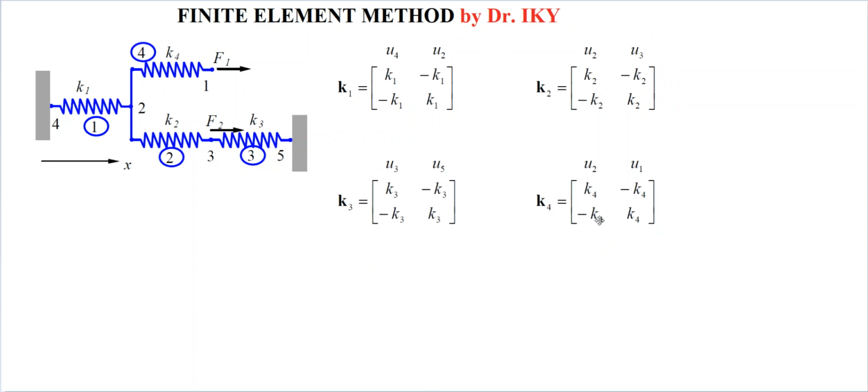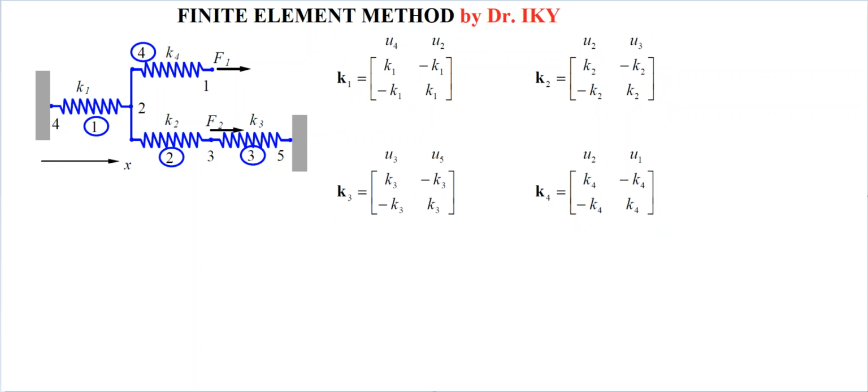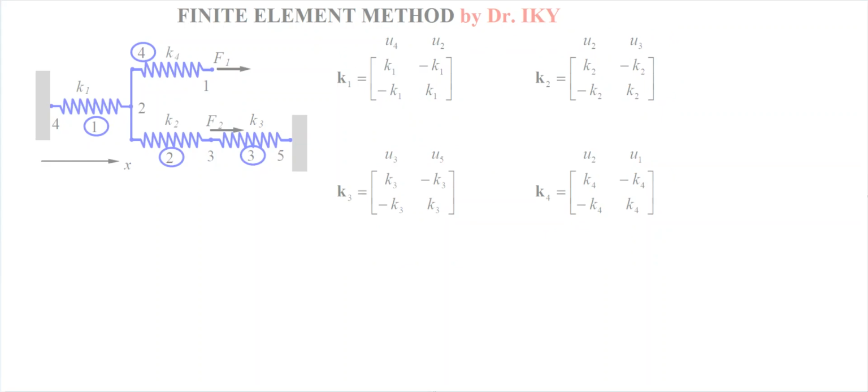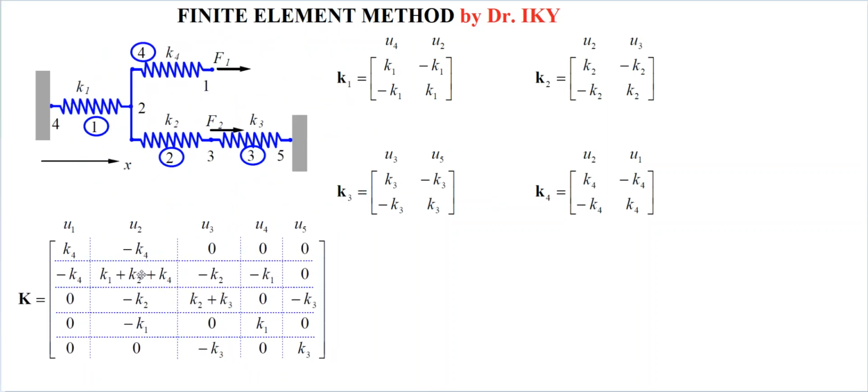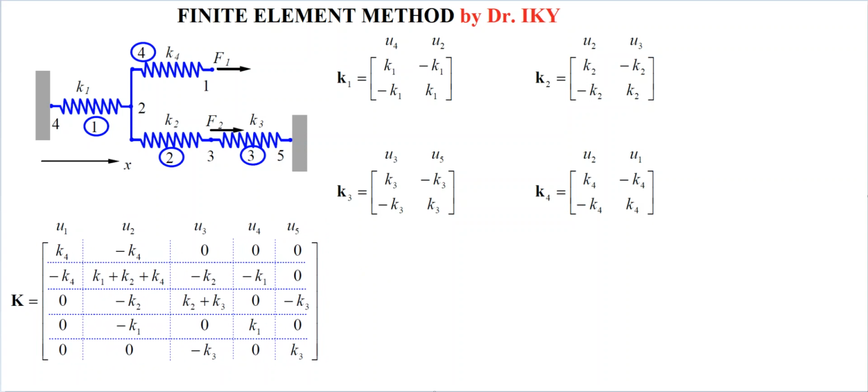Maybe I will take these a little bit higher. And after the superposition of all of the matrices, we will get the stiffness matrix here. And this one is also a symmetric, banded matrix, but this time it is singular, which means the determinant of the K matrix will be equal to 0.